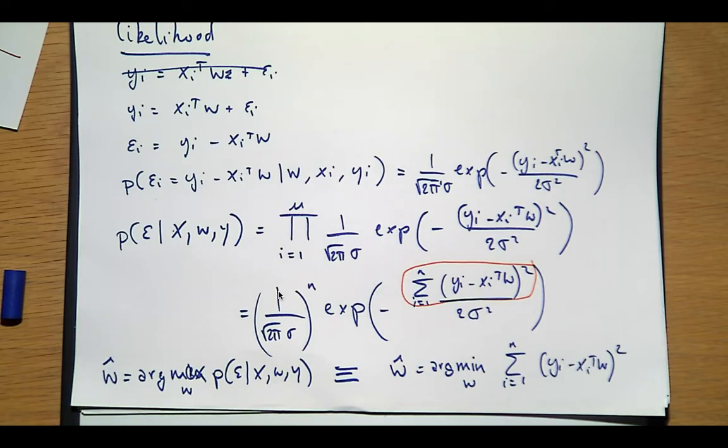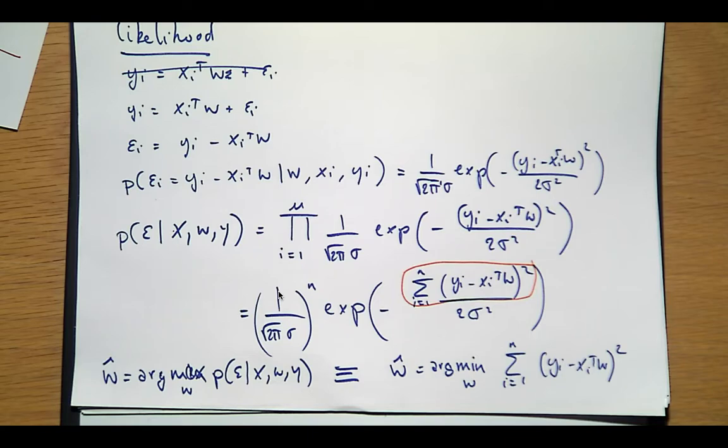Okay? So given the right set of assumptions about your error, then it is equivalent to talk about maximum likelihood as it is to talk about minimum square. So the least square estimate is actually the maximum likelihood estimate. They're both the same.